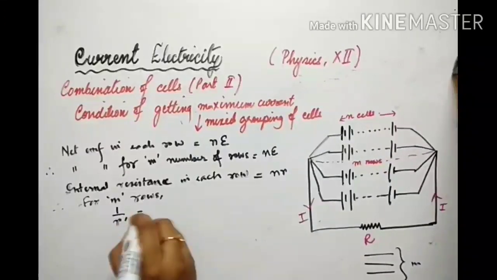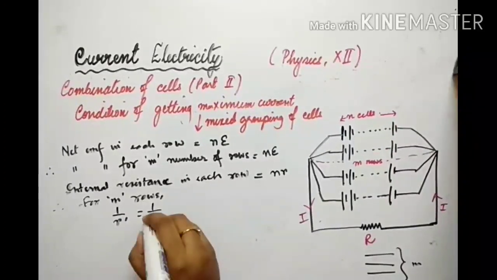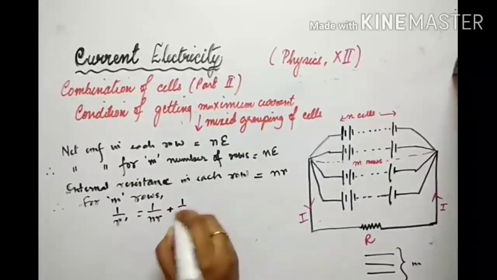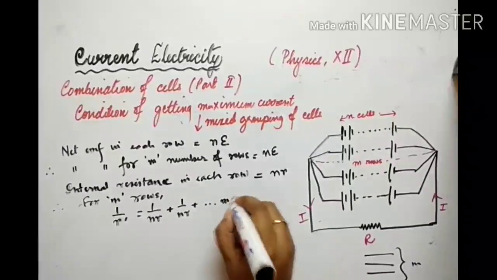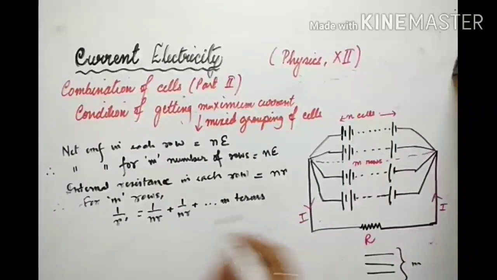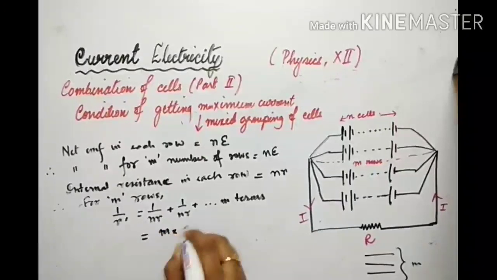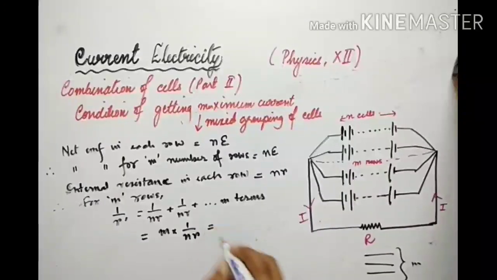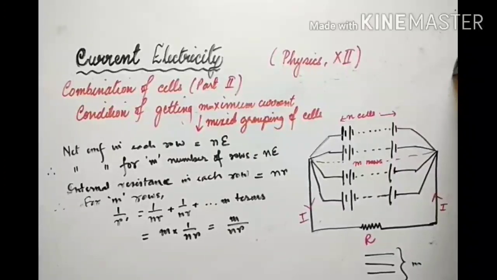Let R prime be the resistance for m rows. So 1 by R prime is equal to 1 by nr plus 1 by nr, going on till m terms. This we can write as m into 1 by nr, or m by nr.